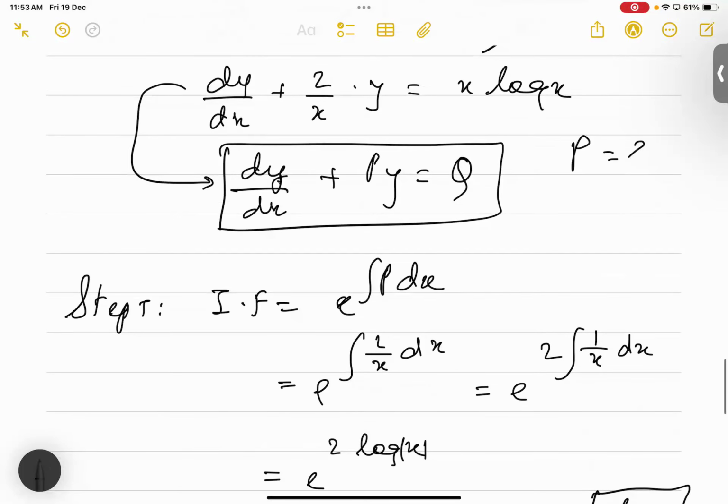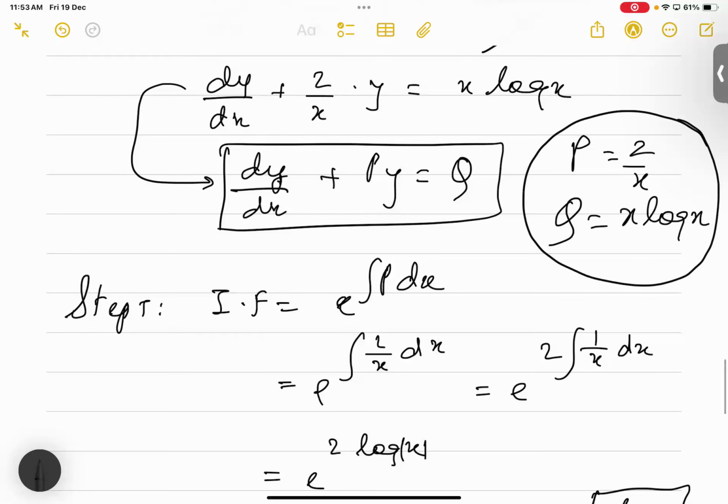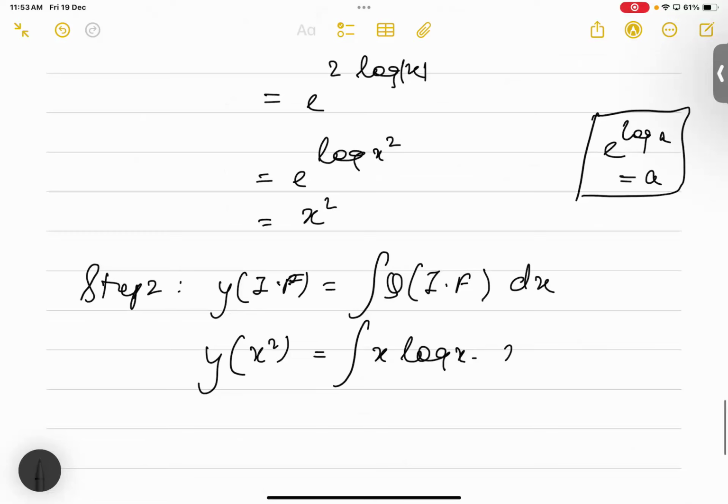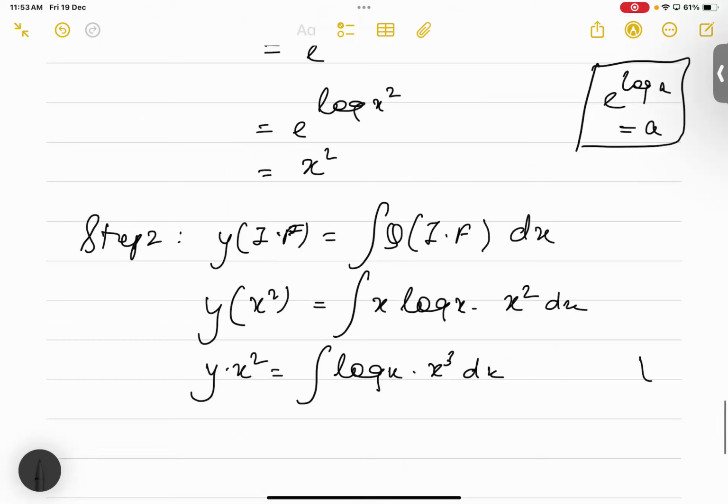Guys, here p is 2 by x and what is q? x log x. Okay, write this also above.